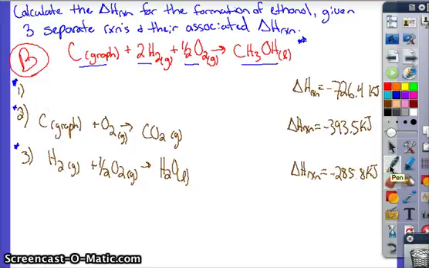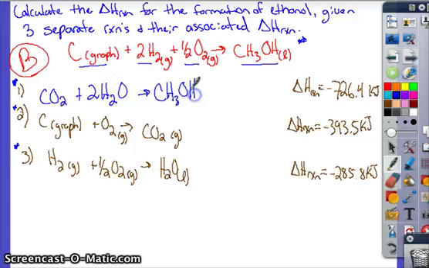So to do that, we will now have CO2 plus 2 H2O, yielding methanol, CH3OH, plus 3 halves O2. If it makes it easier to think of 3 halves as 1.5 O2, by all means do that.